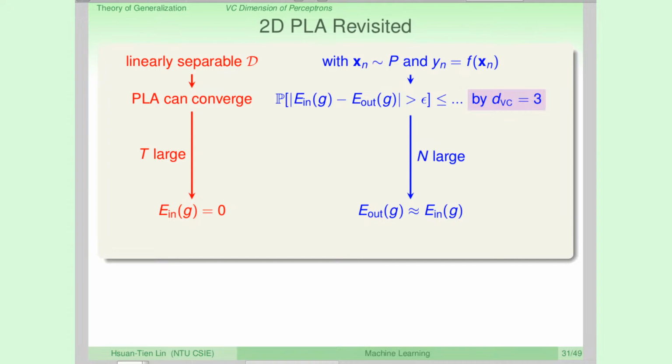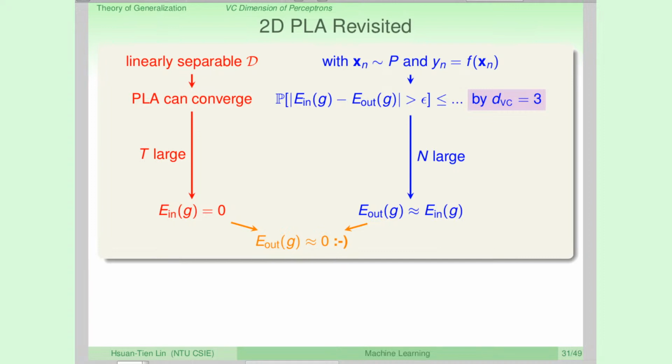That is, with high probability, everything is good: E_in is close to E_out. And we make a belief on that, E_in is close to E_out, and then combining the red path and the blue path, we finally will be able to claim that E_out is close to 0.